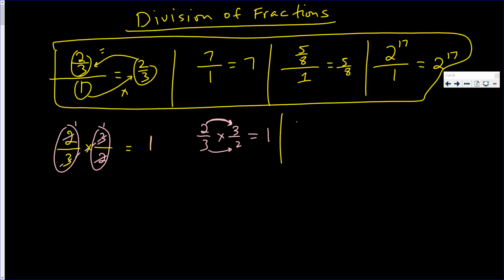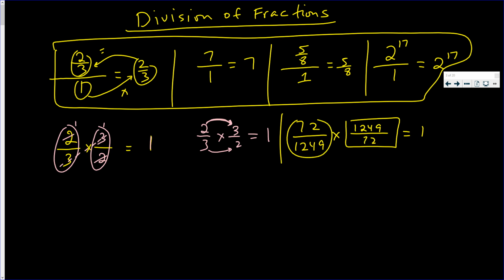If you have 72 over 1249, what do you multiply it by to get back 1? Well, if you multiply by the reciprocal of this number, the top is going to be 72 times 1249.